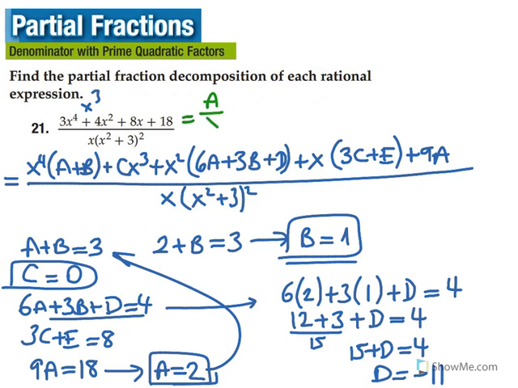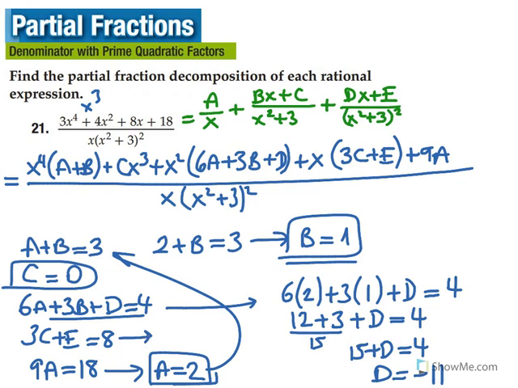Let's remember, a over x plus bx plus c over x squared plus 3 plus dx plus e over x squared plus 3 squared. This reminded me that we haven't yet calculated the value of e. So for c is 0, e will be 8.